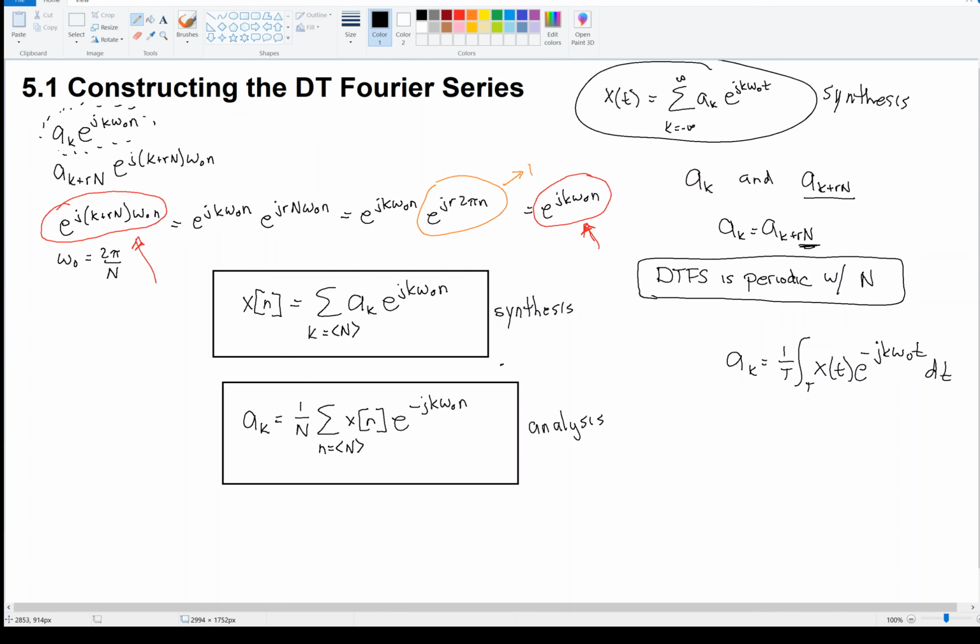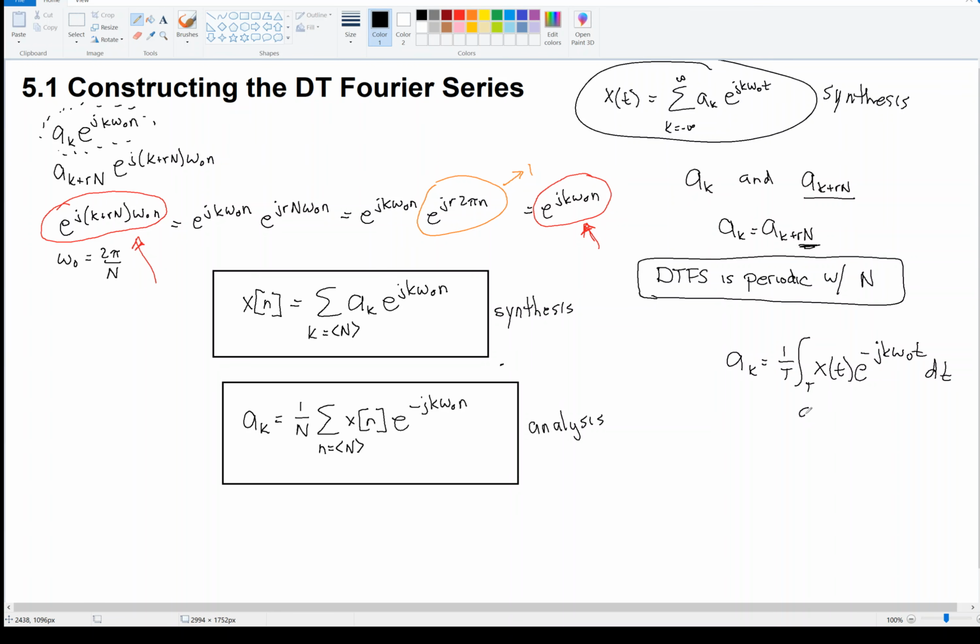So this equation now in discrete time is exactly what you would expect when you go from continuous to discrete. The integral becomes a sum because integration does not make sense in discrete time. So instead of integrating over one full period T, we're summing over one full period N, and 1 over T becomes 1 over N. x(t) becomes x[n], and e to the minus jk omega 0 t becomes e to the minus jk omega 0 n.